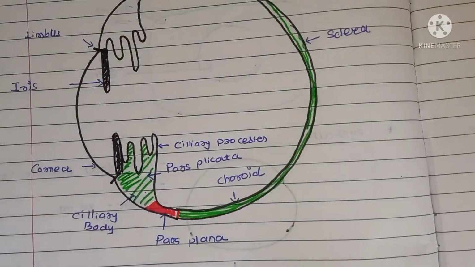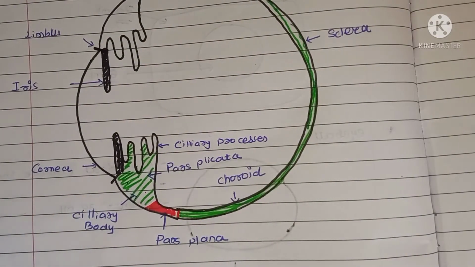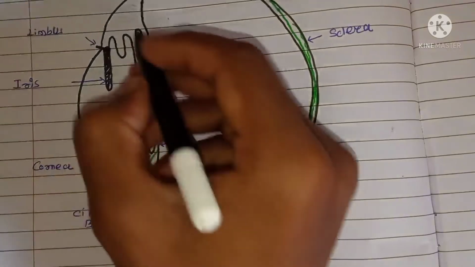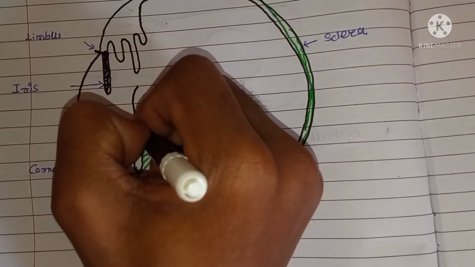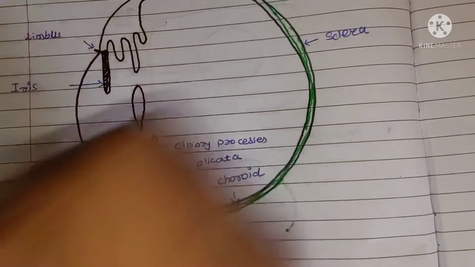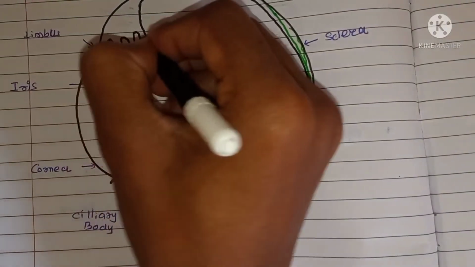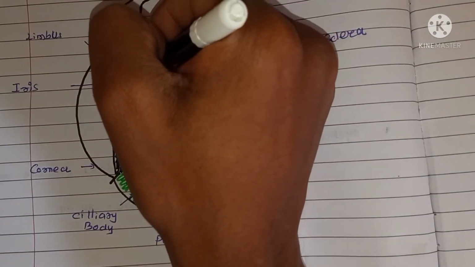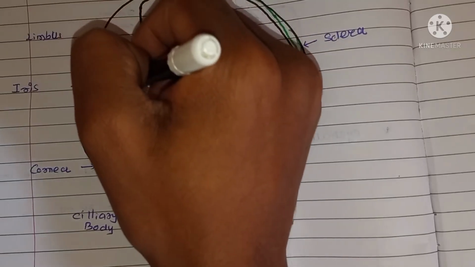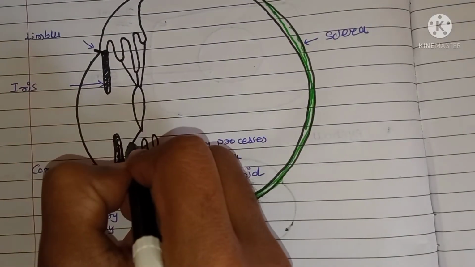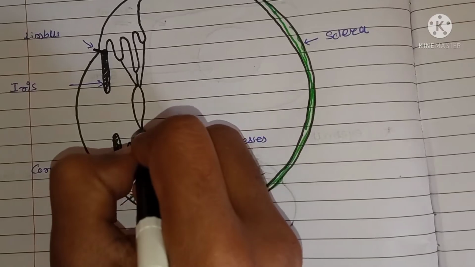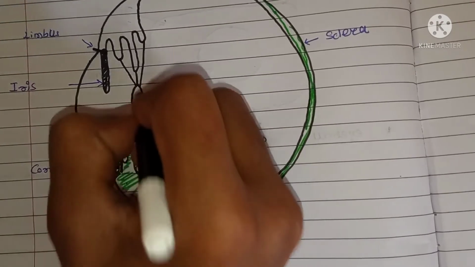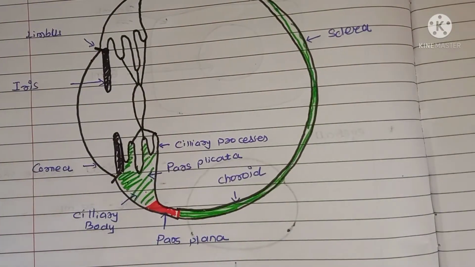Now, in between the ciliary processes, our lens is situated. From the ciliary processes, zonules, which are thread-like structures, come and attach to the lens. So the lens is situated in the middle.